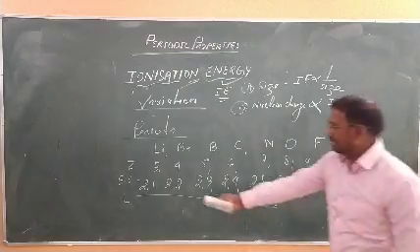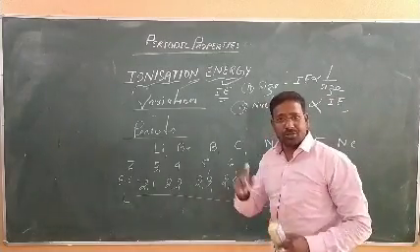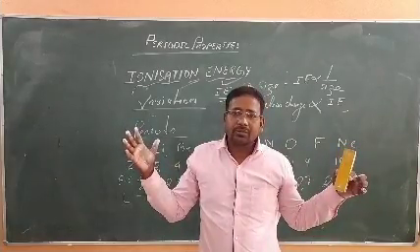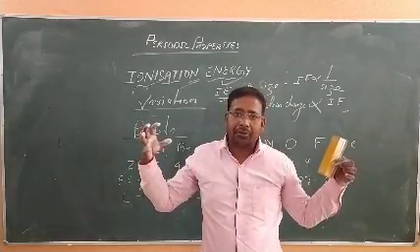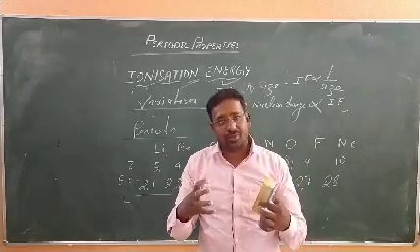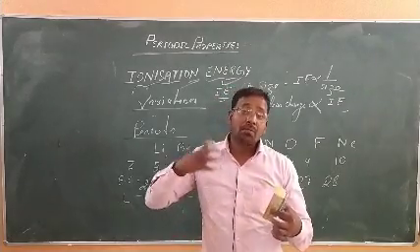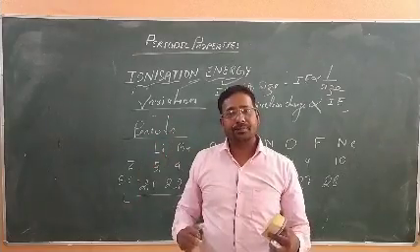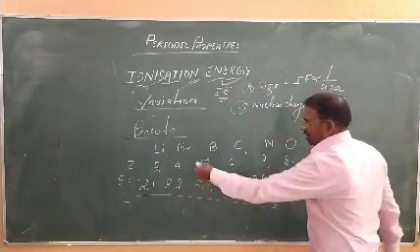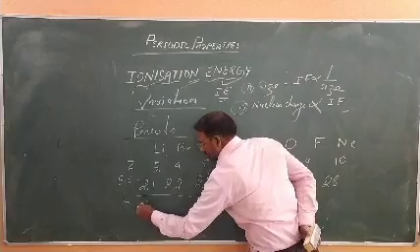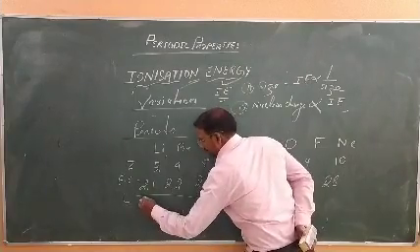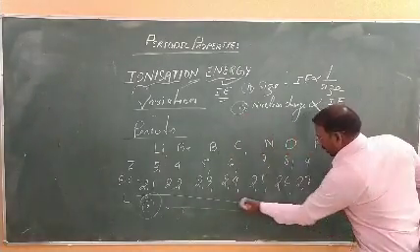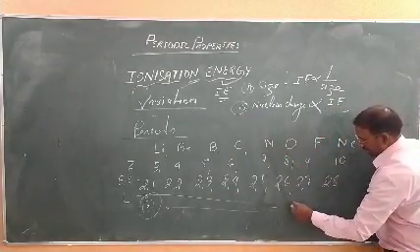Why? Because nuclear charge increases, the force of attraction also increases, and the outermost electron is pulled toward the nucleus with a greater force, so we need more energy to remove the electron from the atom. If you draw the picture, the last one is fluorine.